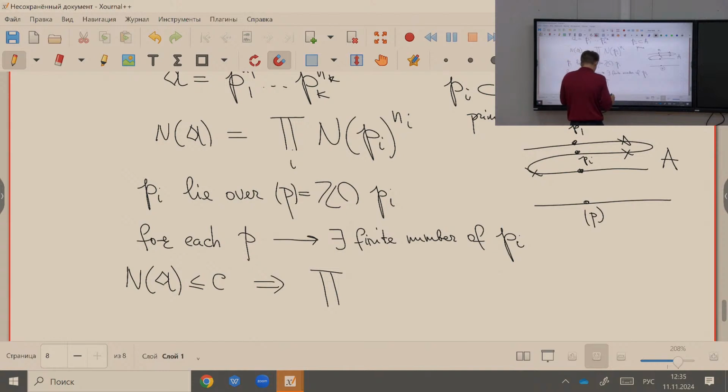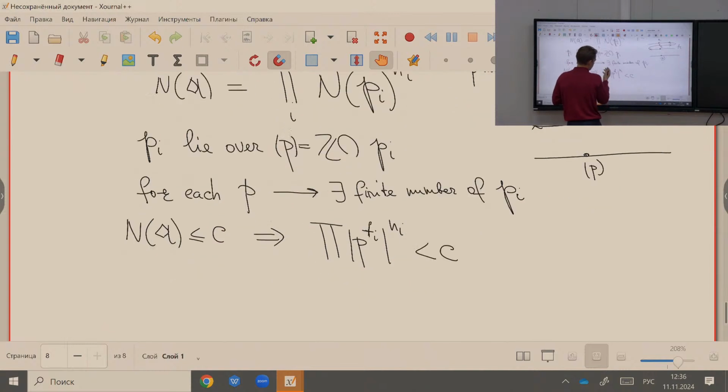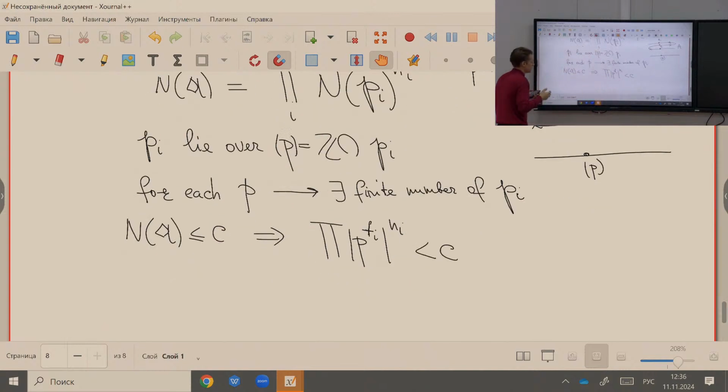Let me write it down: since p_i lies over P, you are taking the norm of P to the power n_i, and this bounds C. What you have to know is that the norm of each p_i is an integer number.